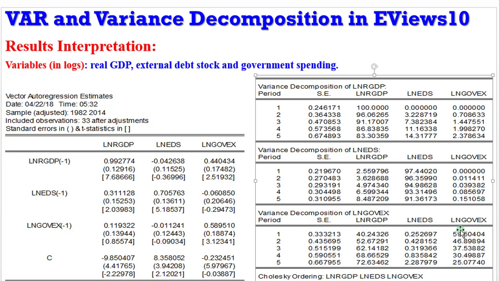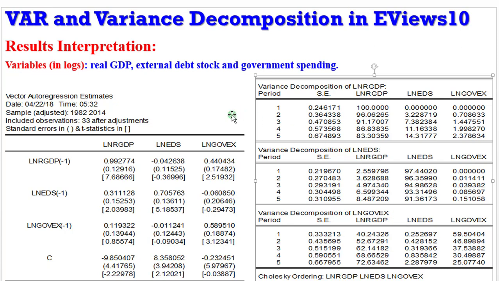And likewise, as we move further into the future, the forecast error variance on government spending itself dwindles. We can see from 59 to 37 to 25. So for government spending, real GDP is a strong influencer in predicting variation in government spending. It's a very strong predictor.